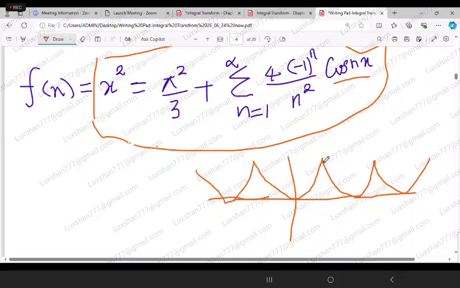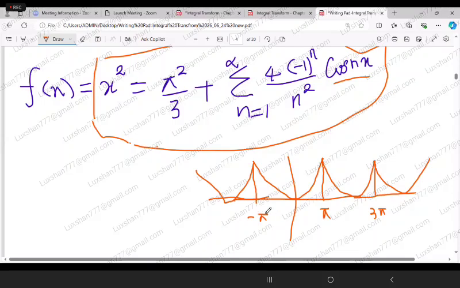So what is the suitable value that you can put for x so that you can get this one? Here this is pi, this is minus pi, this is 3 pi, and so on.